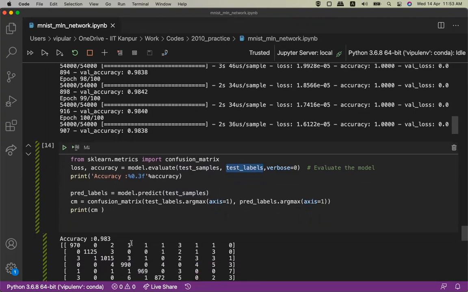So you see the accuracy on the test data is 98.3. Now you see this accuracy on the test data is very close to the accuracy on the validation data, right? Whereas if you look at the training data, accuracy was already 1.